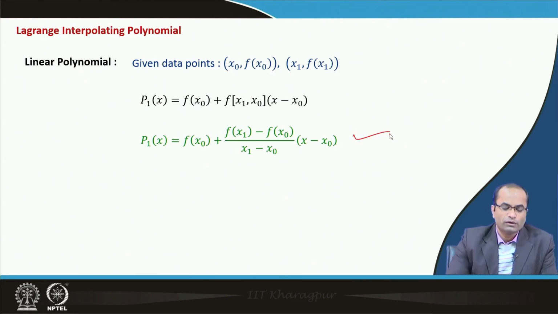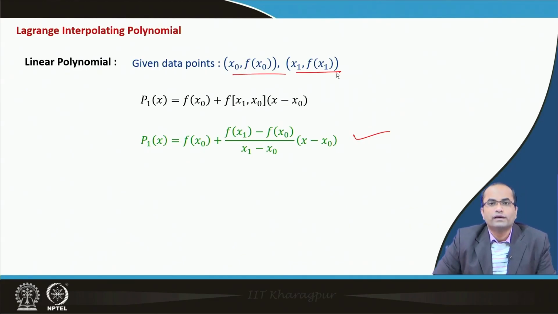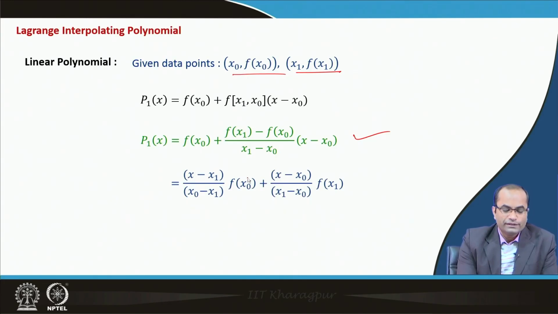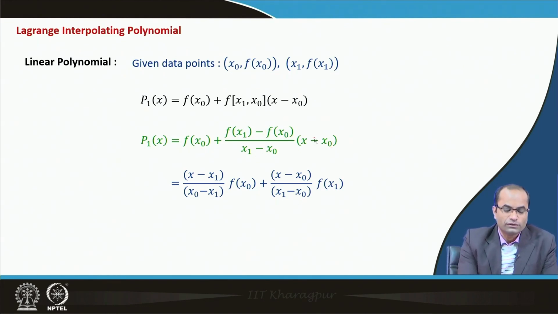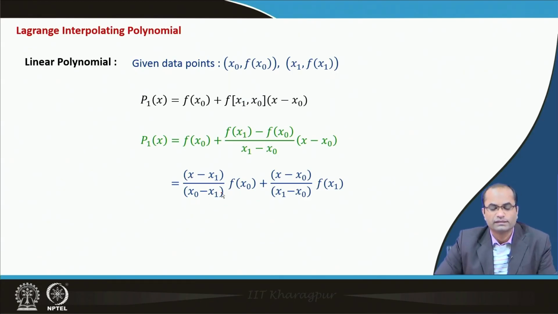So, having this polynomial of degree 1 which passes through these 2 points, now what we are doing, we are just rewriting this, and that will be another format which is called the Lagrange interpolating polynomial. Well, so we have written now f(x naught), we have taken common, because f(x naught) appears here also, and then we have f(x 1) which will just appear with x minus x naught over x 1 minus x naught, and with the f(x naught) this expression will come, x minus x 1 over x naught minus x 1.